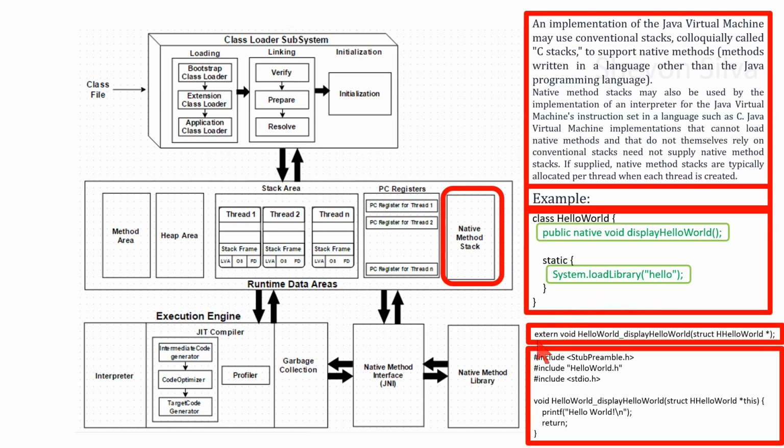Here you can see the function signature in native C, displayHelloWorld here, and here you can see the implementation, hello world, and displayHelloWorld here, and the hello world print here and return in C.